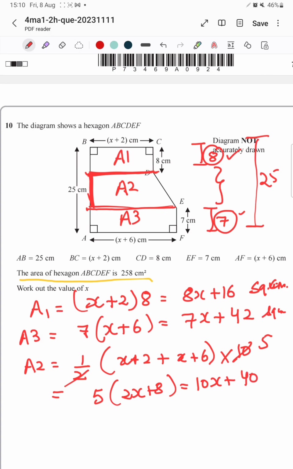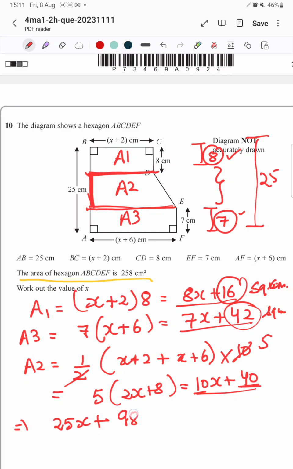Now if I add up all of these areas, so 8x plus 16, 7x plus 42 and 10x plus 40. So this will be 8 plus 7 is 15, 15 plus 10 is 25. So 25x plus 16 plus 42, which is 58, 58 plus 40, which is 98, and that is equivalent to 258.